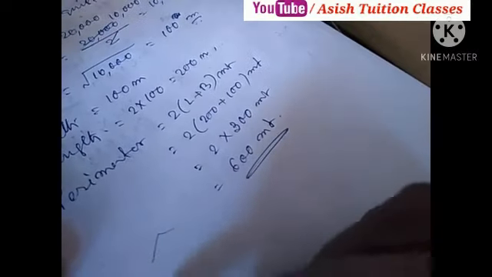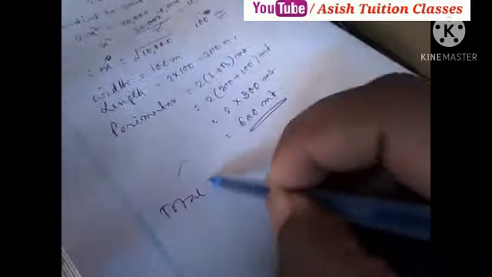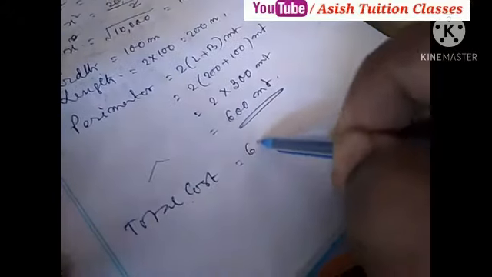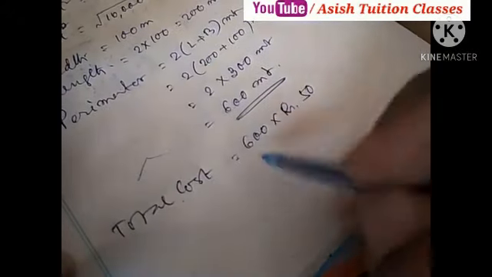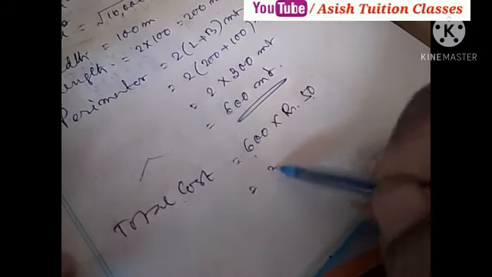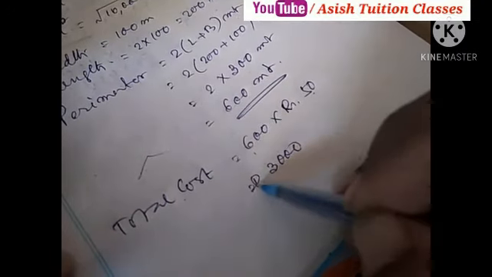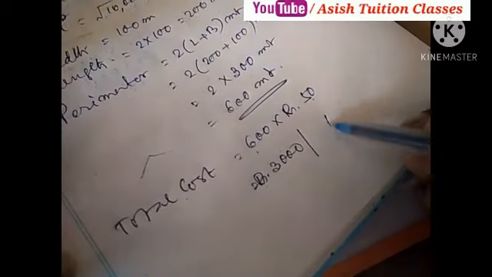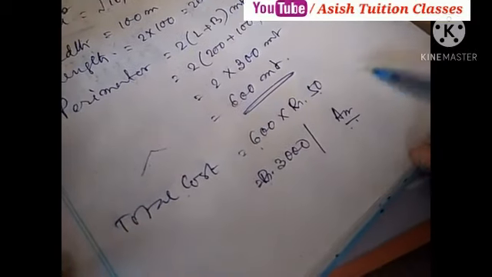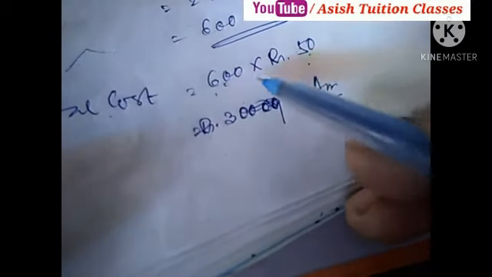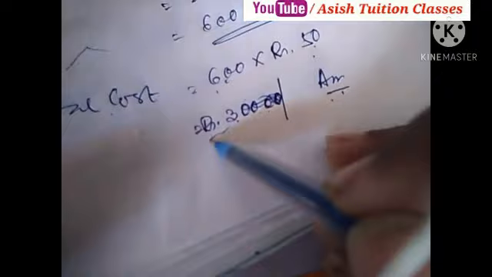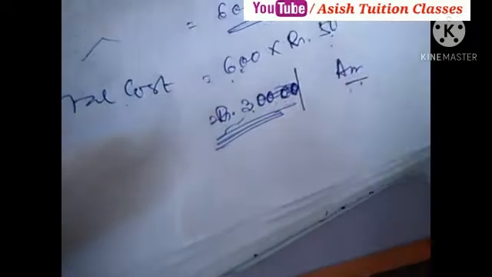Then total cost will be 600 into rupees 50. This means rupees 30,000. Total cost is 30,000. That is the answer.